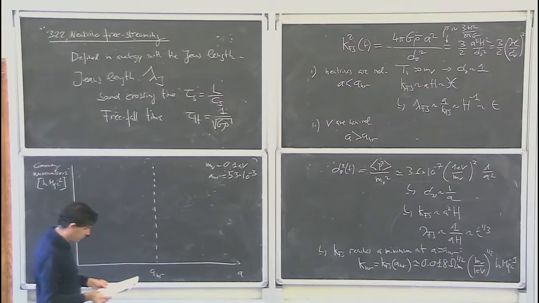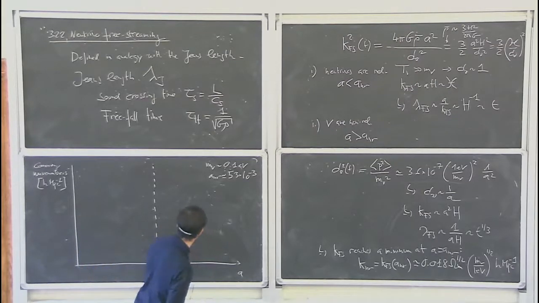Okay, so now what do we want to show here? First of all, I want to show what the co-moving Hubble rate is doing.